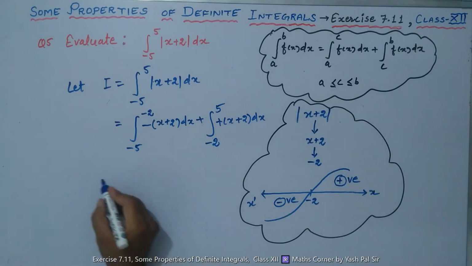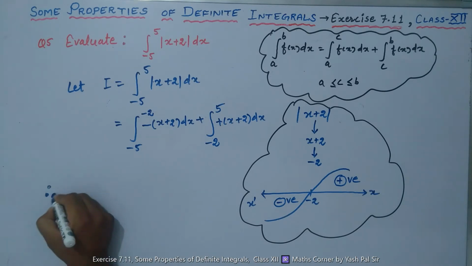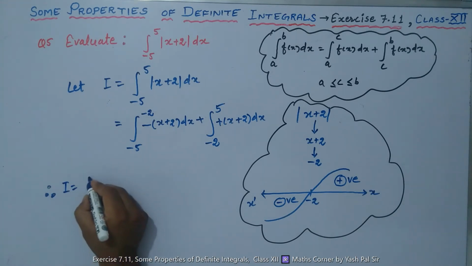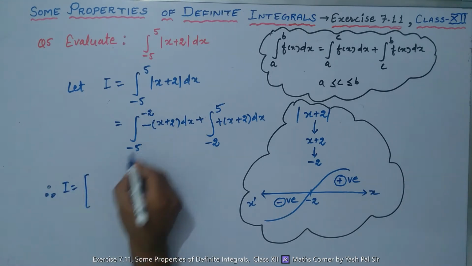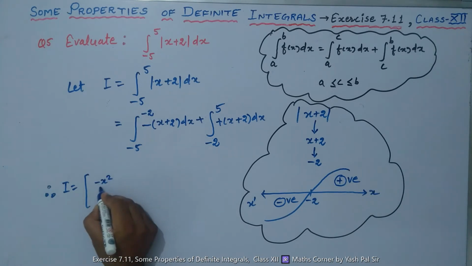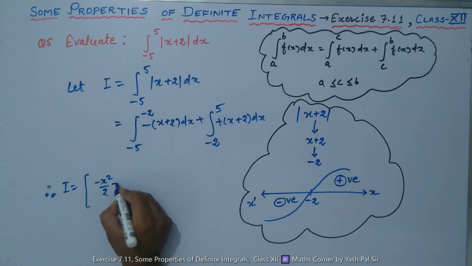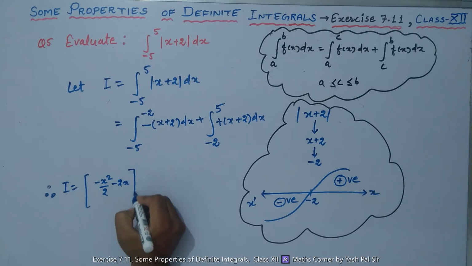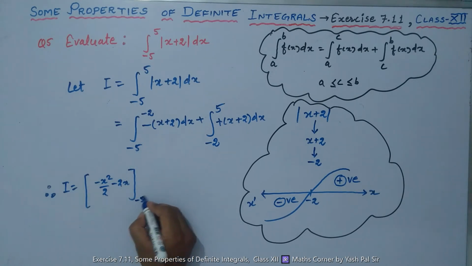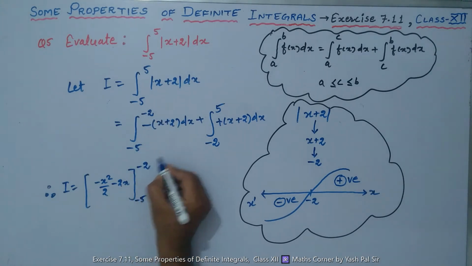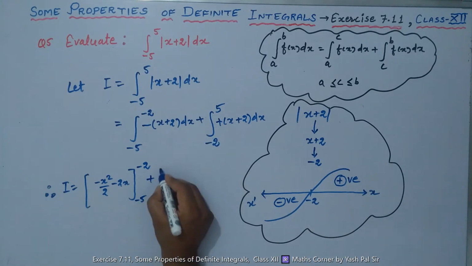We are solving this question now. Therefore I becomes, in the first case, minus x square upon 2 minus 2x, lower limit minus 5, upper limit minus 2, then plus sign.